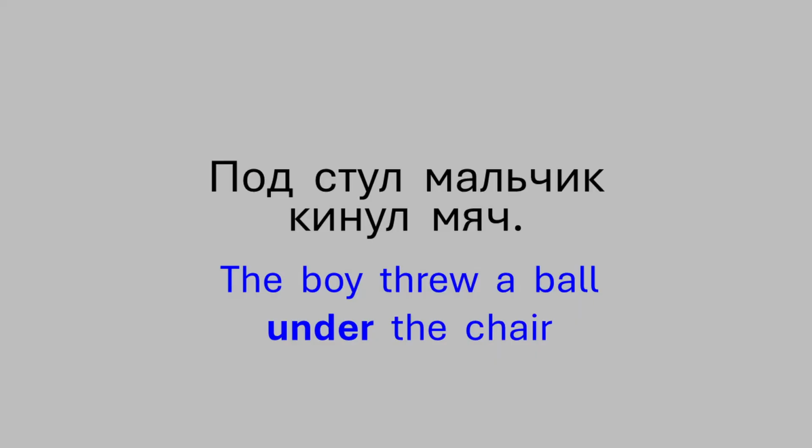Now, if I say под стул мальчик кинул мяч, here I have the location at the very beginning, but the preposition has to be before. I was saying the boy threw the ball under the chair. So prepositions have to be before the word they're showing the location or status of.